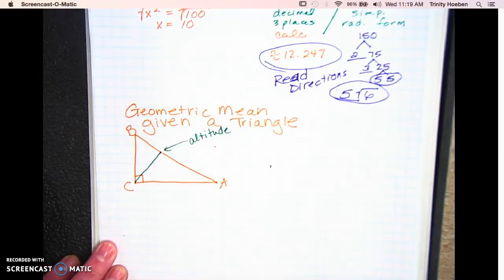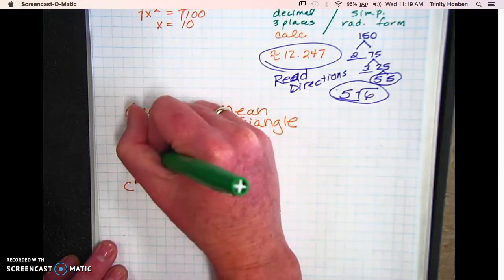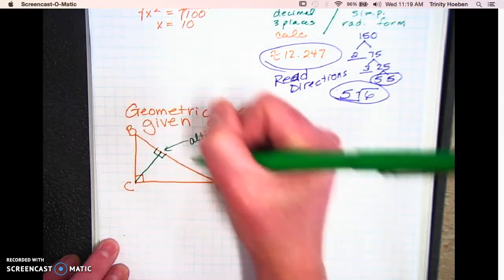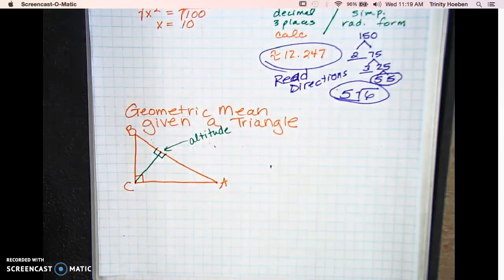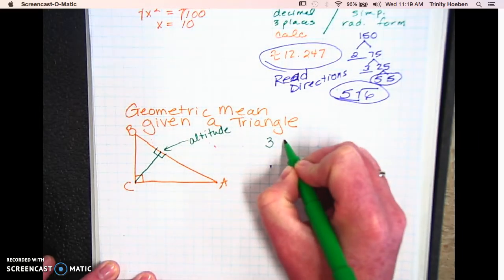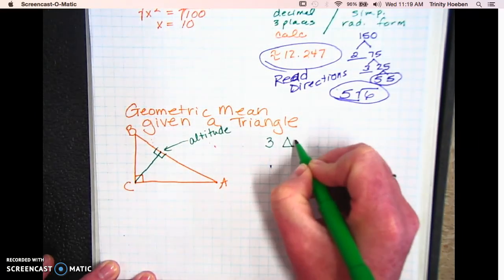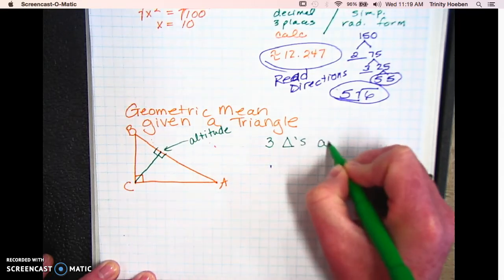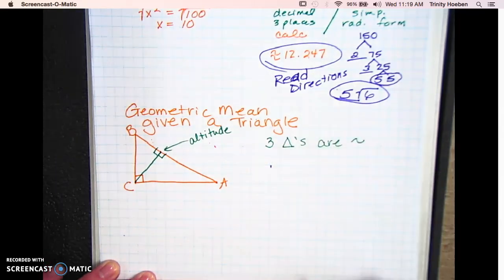We talked a little bit about it last semester. It's a special segment. It also creates 2 more right angles, which means that you end up with 3 triangles that are all similar.